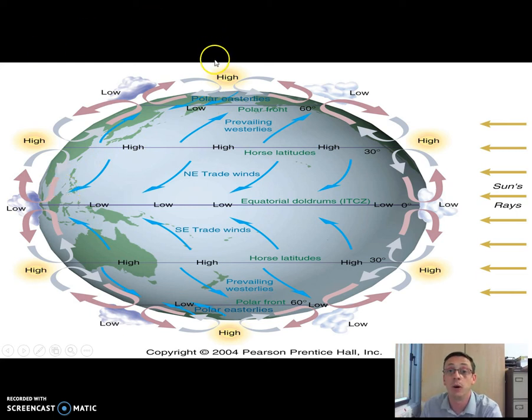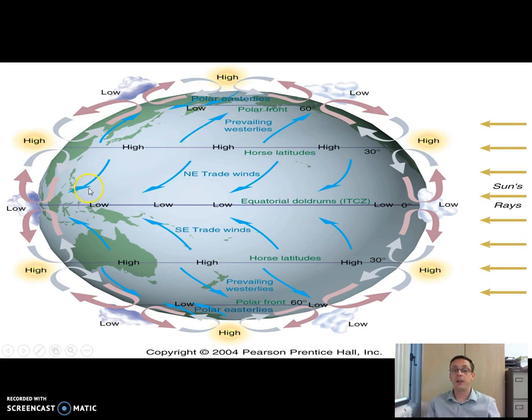We then go up, and we have got our cold air up in the poles that's sinking at 90 degrees, and it's going to be falling south. We call these polar easterlies because they move from east to west. We've then got our last area of wind associated with the Ferrel cell, and we call these prevailing westerlies because, again, they are moving largely from west to east.